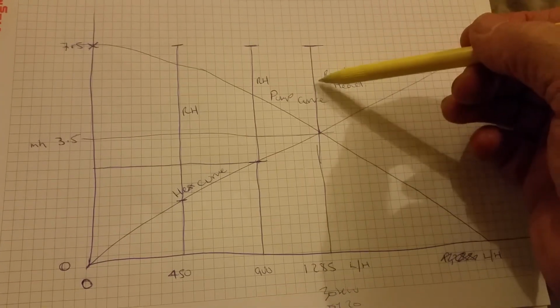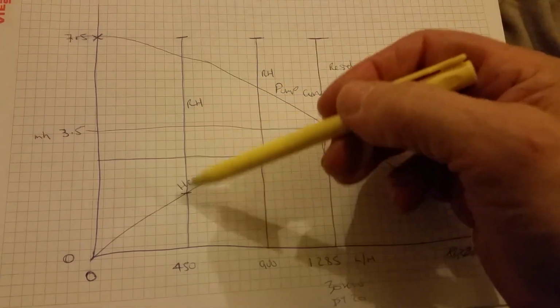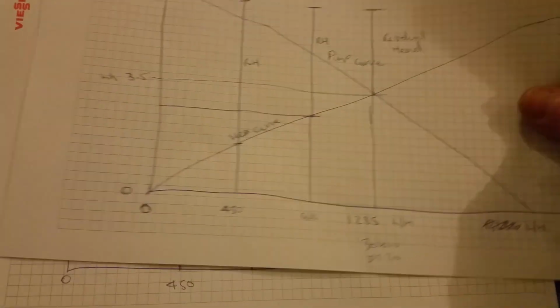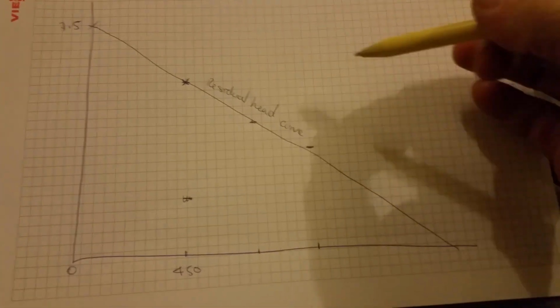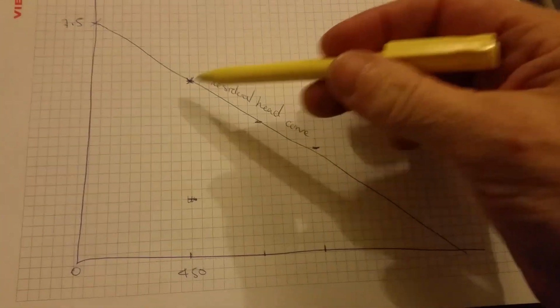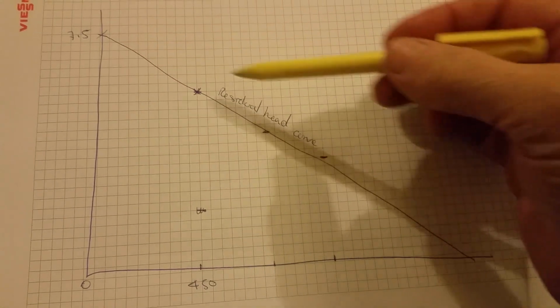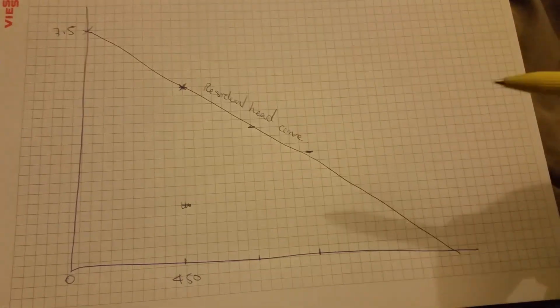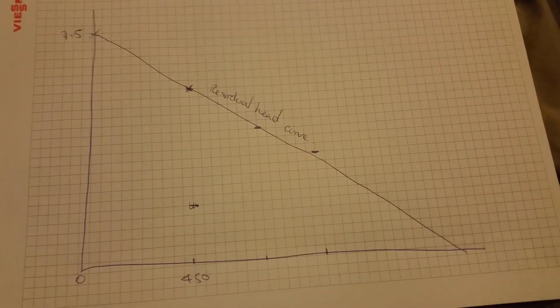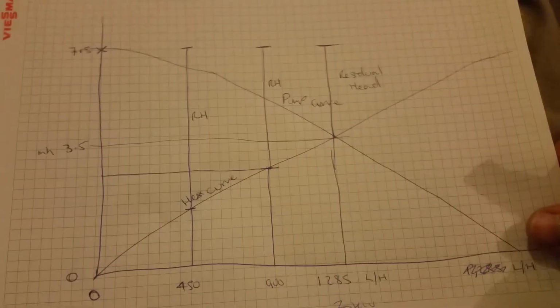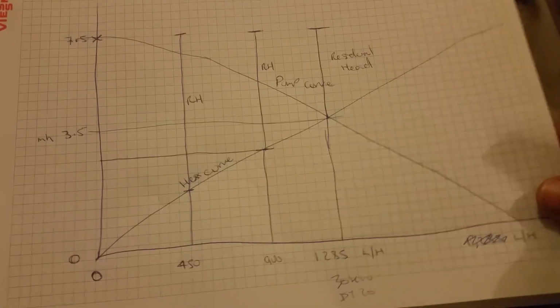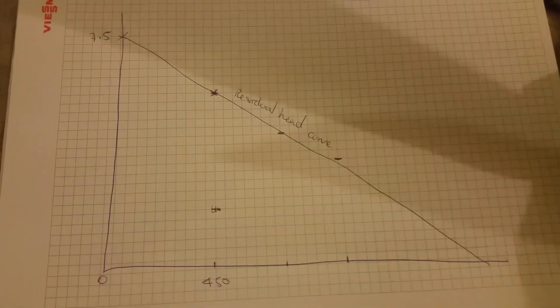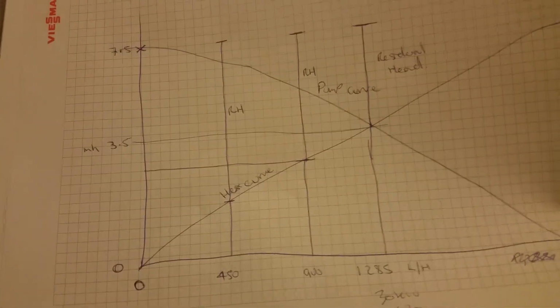And then if we take these data points, these data values, and plot them onto a second graph using those points, we will get the curve that represents the residual head of the pump. And as you can see, the curve does change slightly in its shape. Actually, it doesn't look so obvious there.